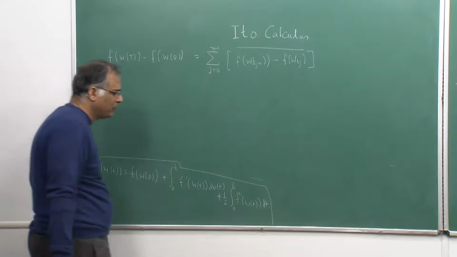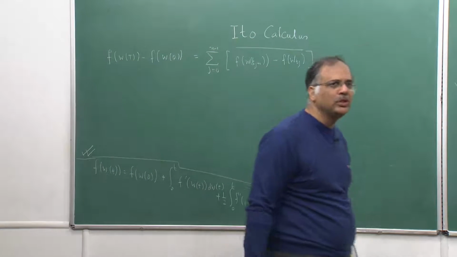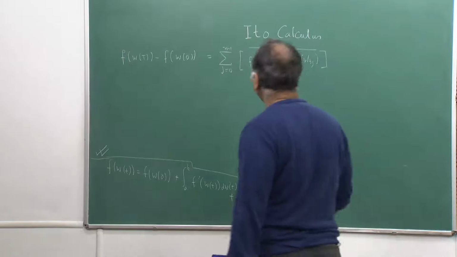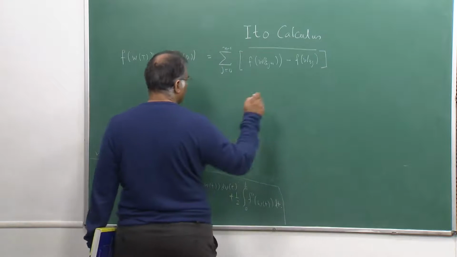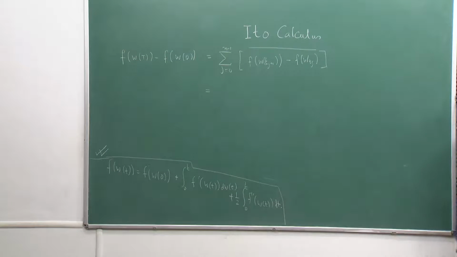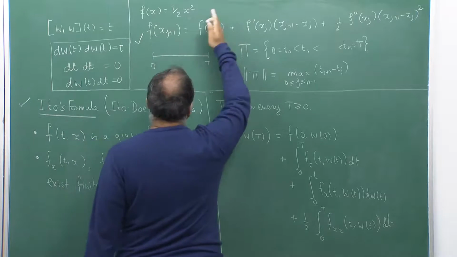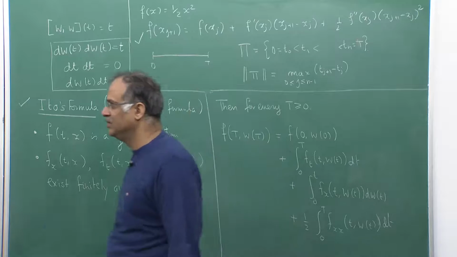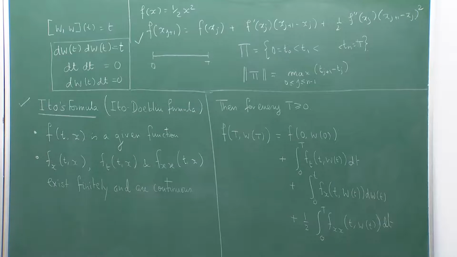So f of W_t is half W_t squared. I am just using the Taylor expansion at this point, nothing else. Because the higher derivatives are going to 0, this is the exact Taylor expansion.